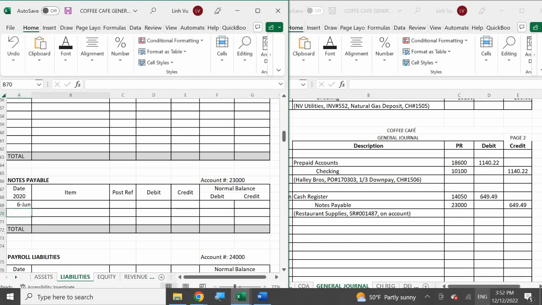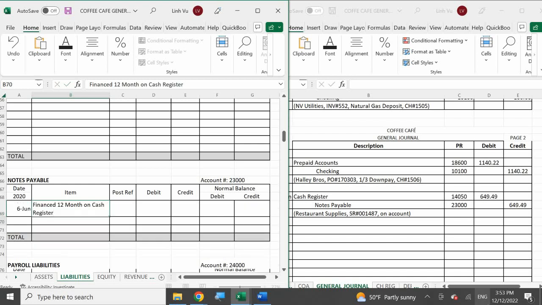In this case, you could say financed 12 months on cash register. That should be good enough for the description, because you can put all that extra information in your subsidiary ledger.